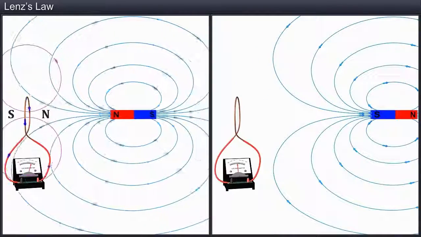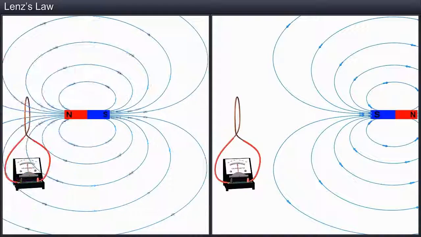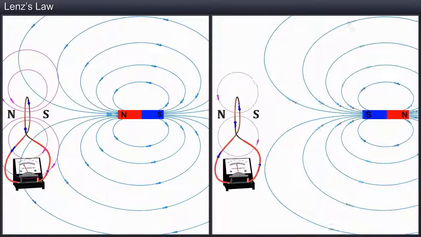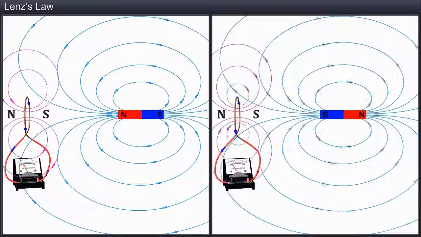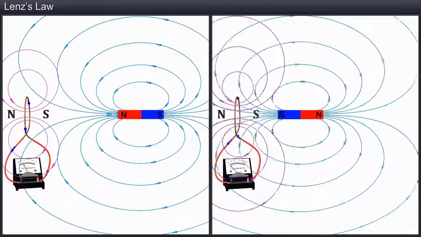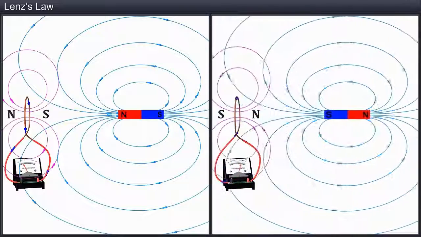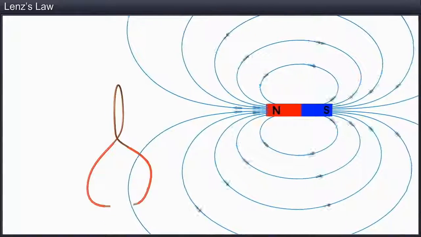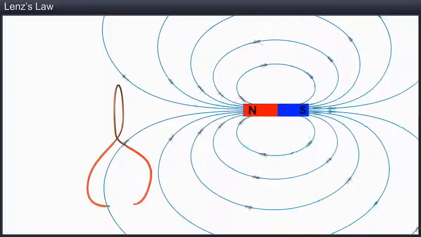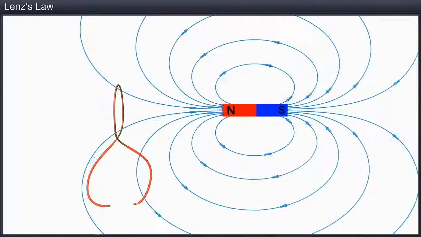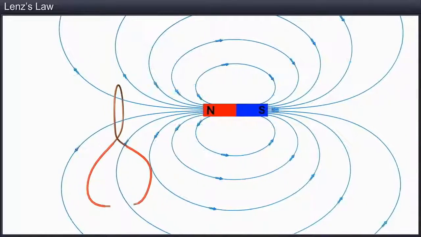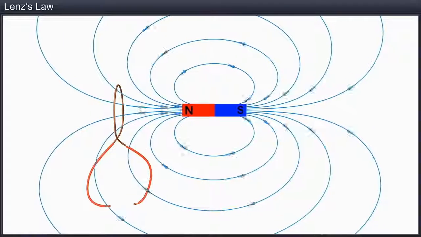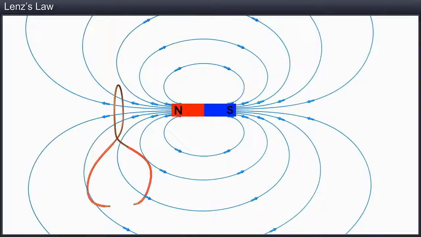In all these experiments, we can also use an open circuit in place of a closed loop. In this case too, an EMF is induced, but there is no induced current in the coil. The direction of this induced EMF can be found using Lenz's law.